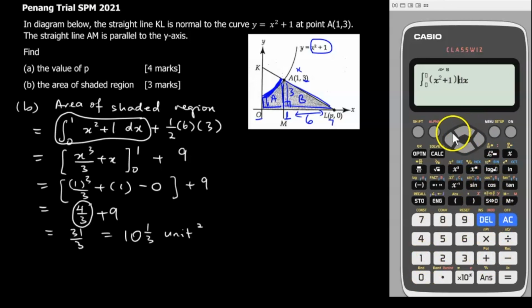Now we fill up the limits: go to the left and go up, the top is 1 and the bottom is 0. So this is integration from 0 to 1 of x squared plus 1 dx. Press equals, and we get 4 over 3, which means that our answer is correct. Then we plus 9, and we get 31 over 3, and then shift SD, we get 10 1 over 3. So we confirm that our answer is 100% correct.